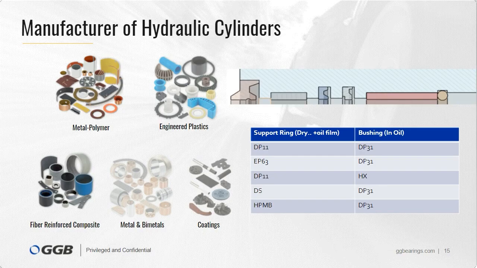The GGB coatings will also often be able to substitute in for those because they're going to protect that base metal surface as well, right? They're going to make that not exposed to the external environment. So certain coatings have different levels of protection, but that is actually one of the benefits of the coatings product line.